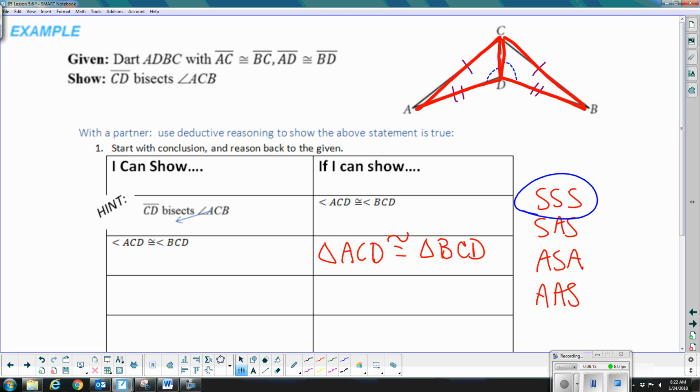So I can show the triangle ACD is congruent to triangle BCD if I can show side, side, side.